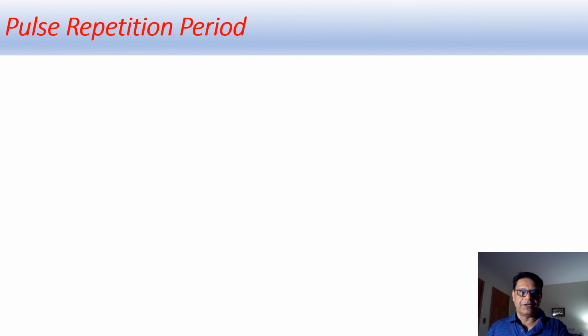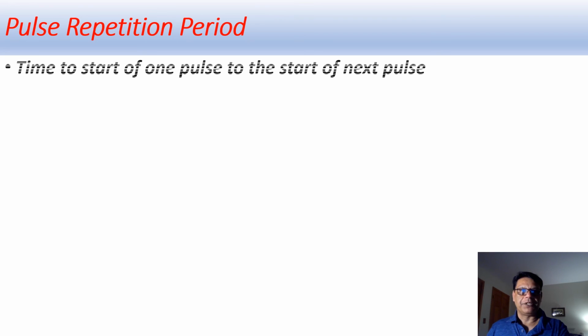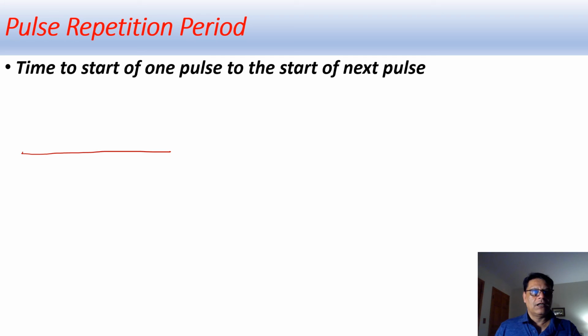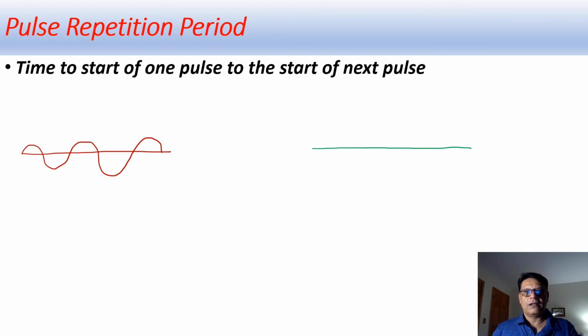Pulse repetition period. What is pulse repetition period? Pulse repetition period is the time from the start of one pulse to the start of the next pulse. Look, here is a pulse, and here is another pulse.